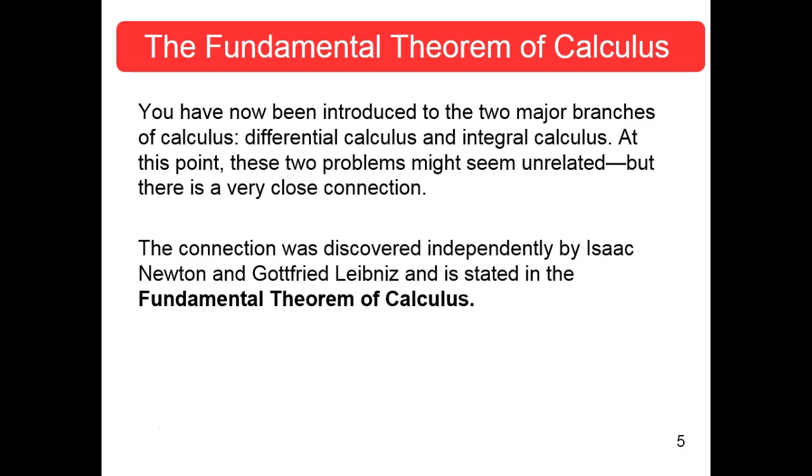Is that they lived at the same time. And how in the world was it that we had been, the entire existence of mankind? People even back in Archimedes' time had been playing around with the concepts that were going to lead to this, but sure enough, they both approached it.